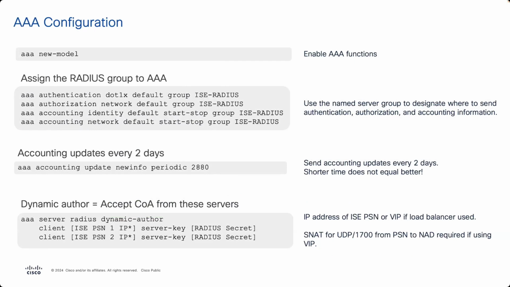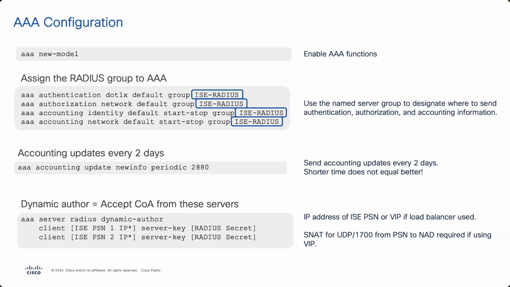Then when we get into the actual AAA configuration, that's where that group name is. That's why you can create multiple radius groups on a switch, swap them in and out in your AAA, and that'll determine where your authentication goes, where the authorization goes, and where the accounting goes.